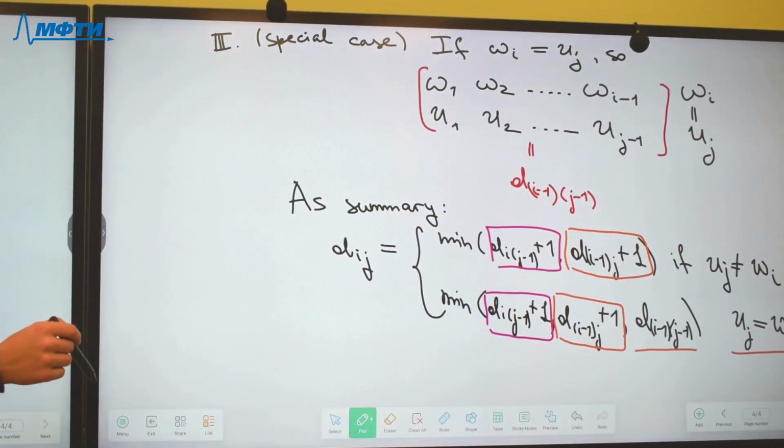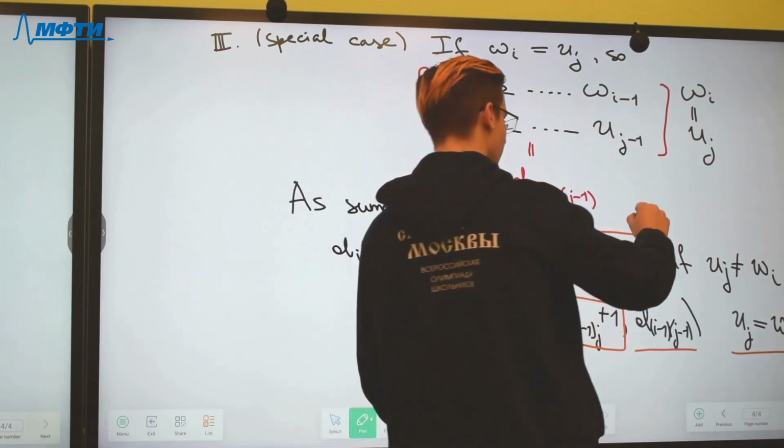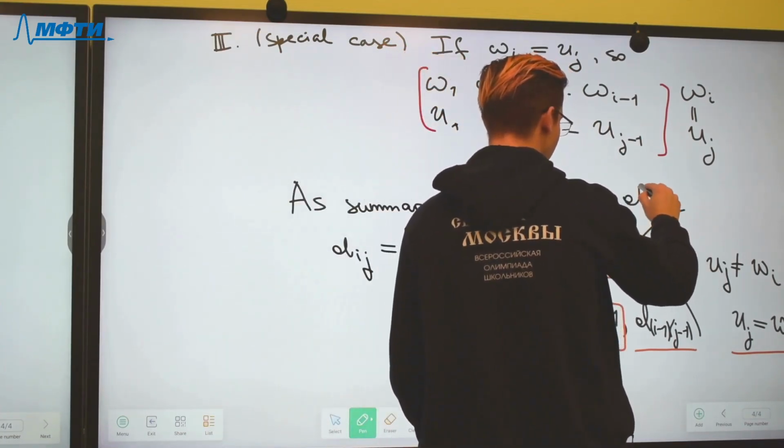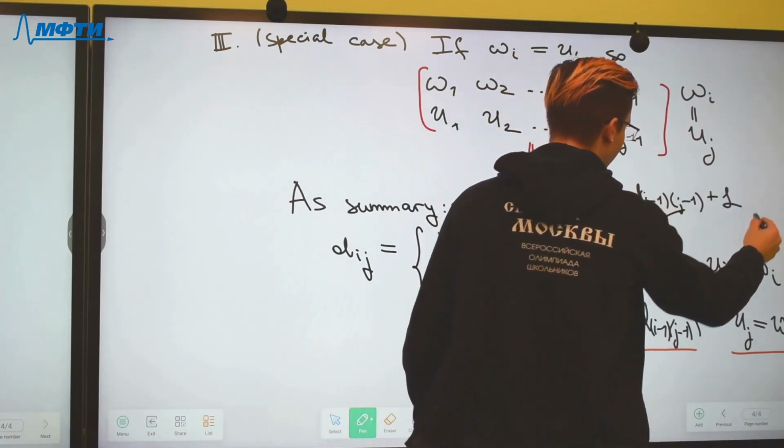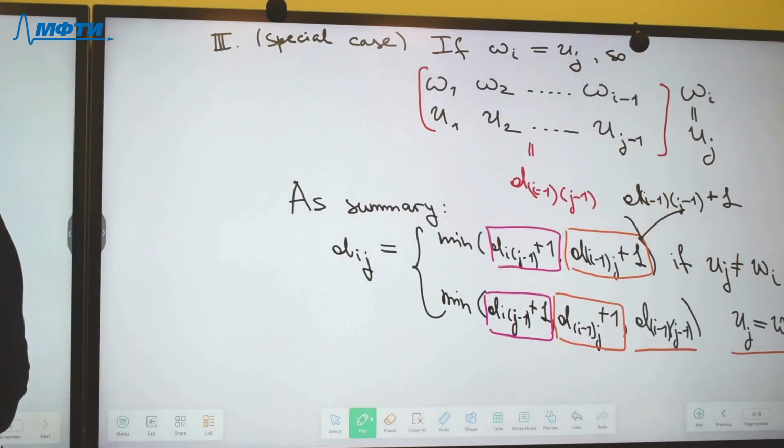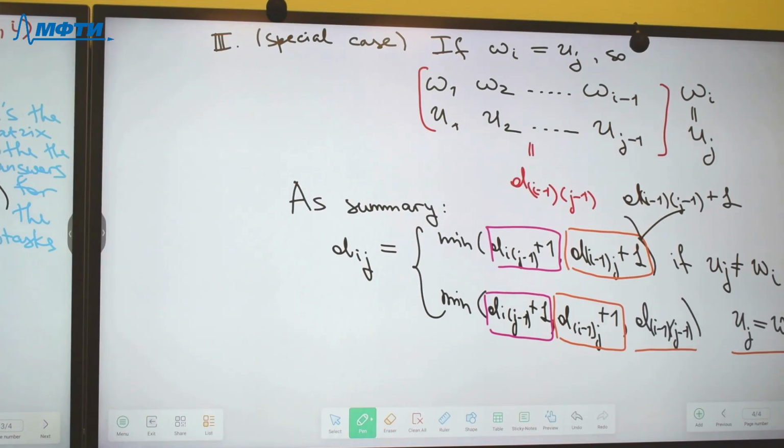If we compare parentheses, we need to understand that, for example, here we need to add d with these indices +1, because in these two cases we add empty characters under one character or over one character, but we can not add any empty characters and write omega we over the character u with index uj.